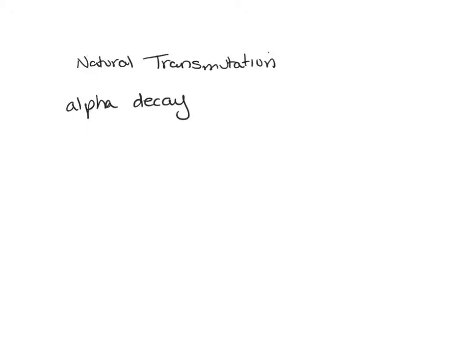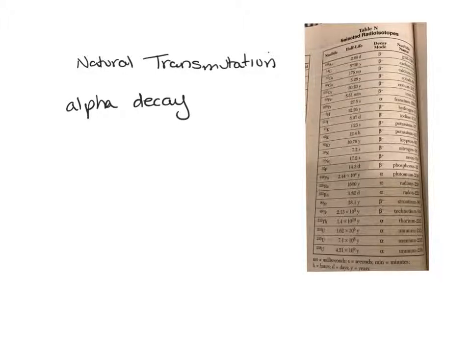Alpha decay means that the nucleus of the unstable radioactive isotope is giving off an alpha particle. So I went ahead and grabbed table N in your reference tables, and I want you to take a look right here where it says decay mode. That decay mode is telling us what the nucleus of the atom is going to give off.